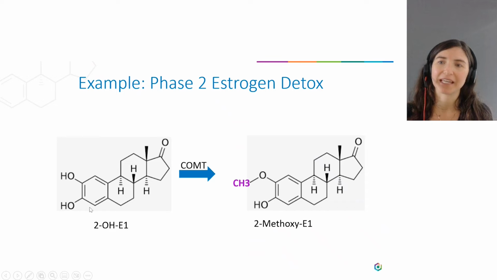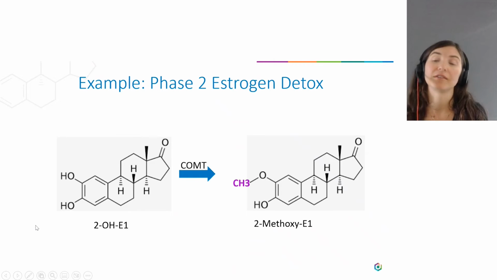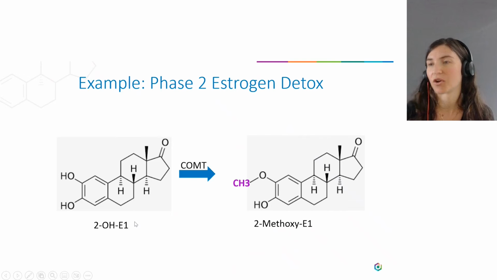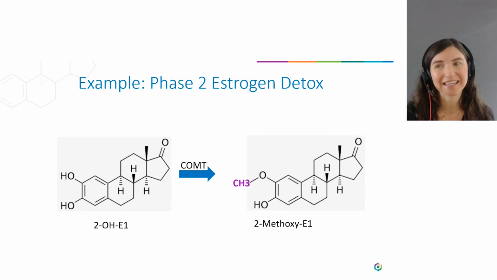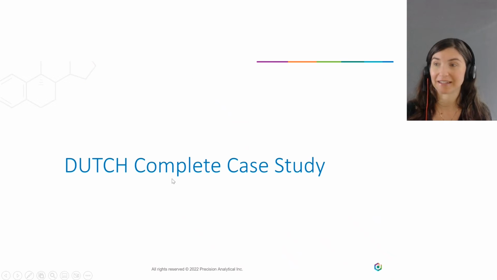It's got this little benzene ring, and we've got 2 hydroxy groups on it. So that's a catechol. So some of our neurotransmitters like dopamine, adrenaline, norepinephrine, those are catechols also. And interestingly enough, we'll see COMT can help process and metabolize our dopamine and our norepinephrine and epinephrine or adrenaline.